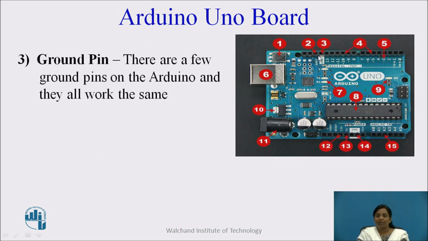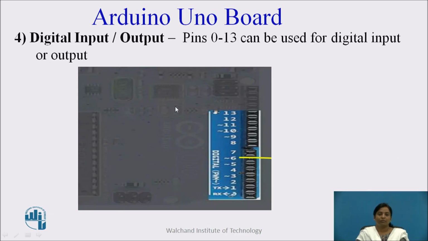Pin number 3 and pin number 14 are used as ground pins. Then this is the fourth section, pin number 0 to pin number 13. These pins are used to take digital input and to transfer the digital output to the IC, to the microcontroller.